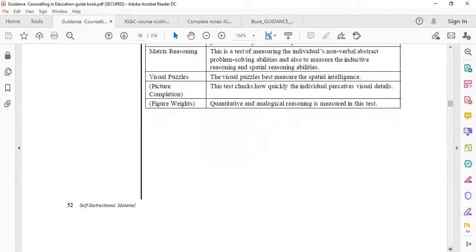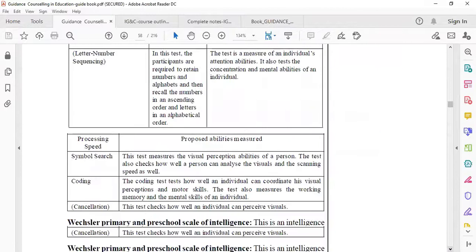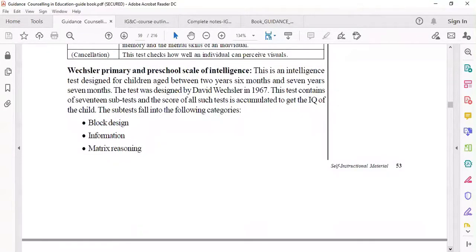Then we come to the next component. Wechsler developed another scale that is called the Wechsler Primary and Preschool Scale of Intelligence. In 1967, the first scale he developed was the Wechsler scale of intelligence for adults, and then he developed one for children and kids as well.